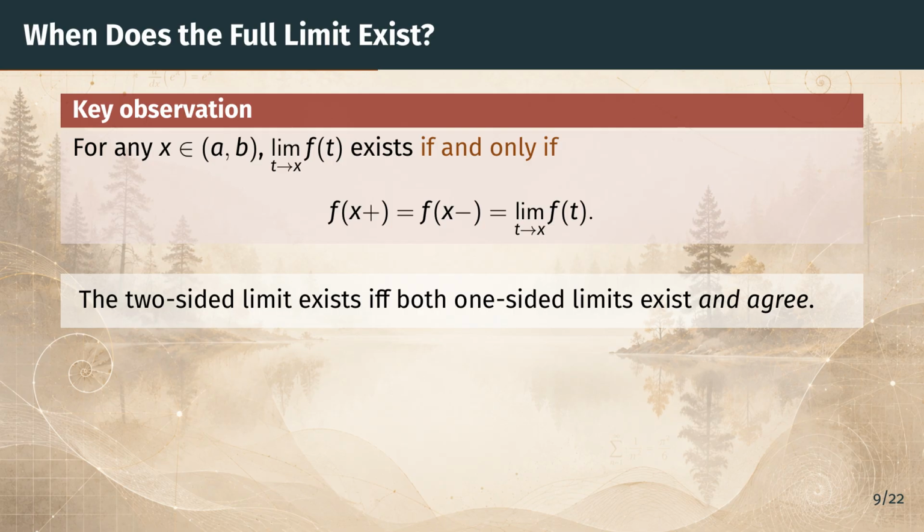This little equivalence is exactly the lens we will use to classify discontinuities. The whole game comes down to asking whether f of x plus and f of x minus exist, and whether they match each other and the value f of x.